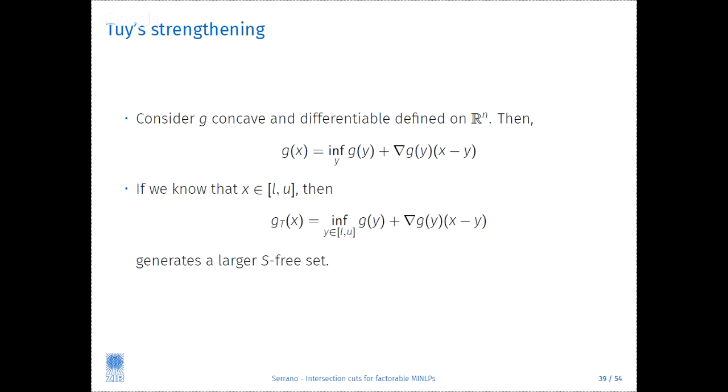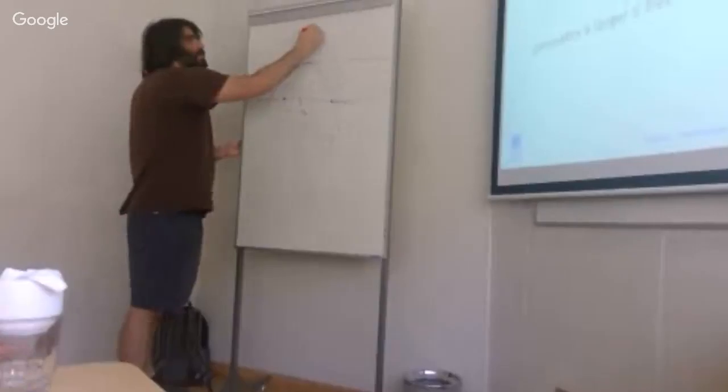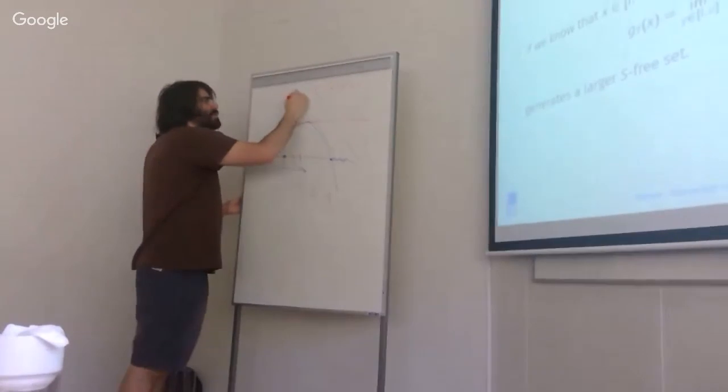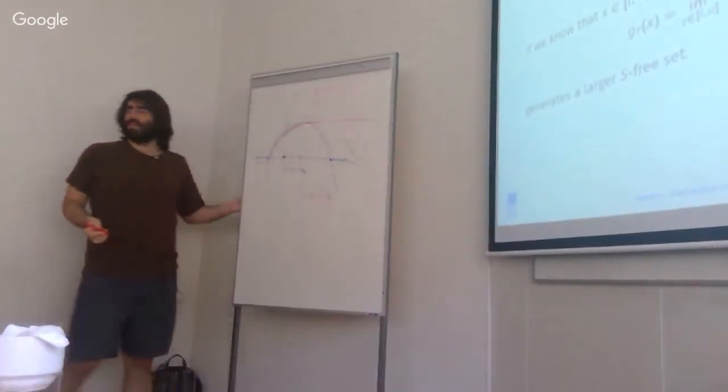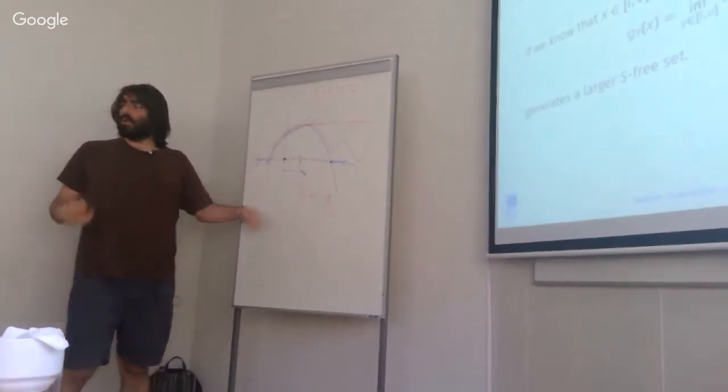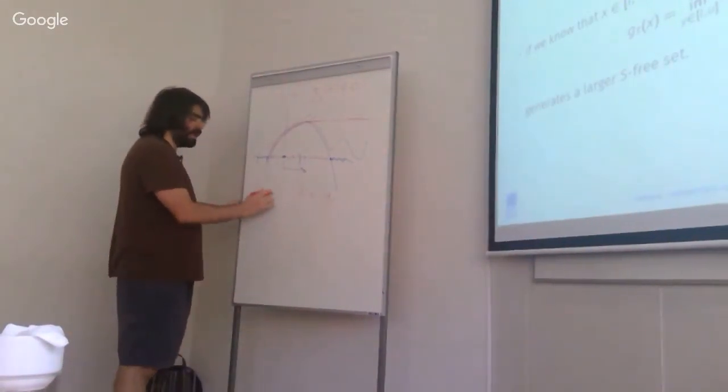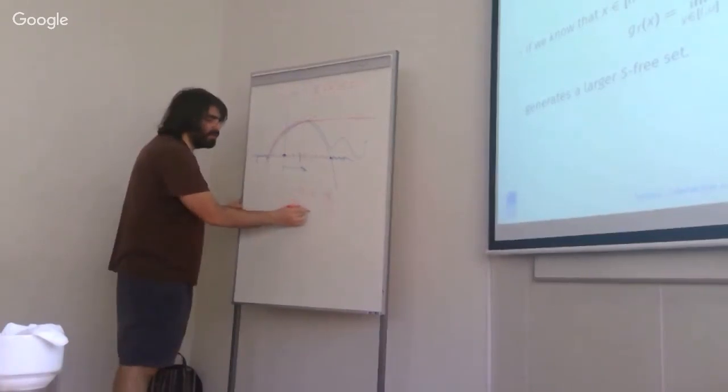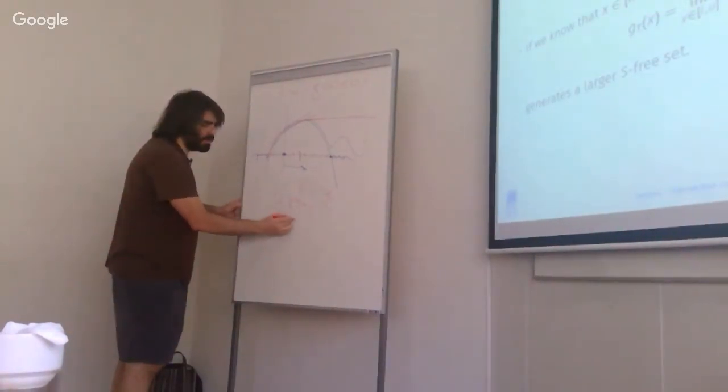And the new strengthening that I propose is basically the same, but the idea is this. The constraint is g of x less or equal to 0. This is the set that I need. When I have an underestimator h, what I know is that whenever x is such that g of x is less than 0, then h of x is going to be less than 0.